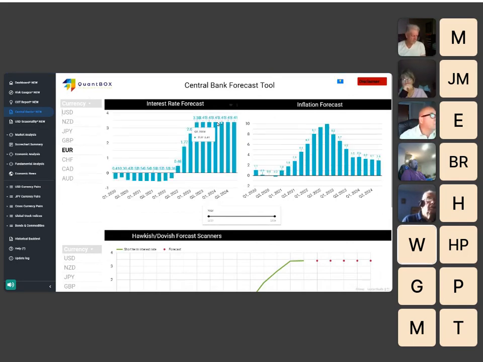Okay. Again, this just shows no guidance. Interest rates up and then stay. Okay. They just don't tell us anything. So the future is what, opaque? Inflation should be coming down, but it's still very high there.